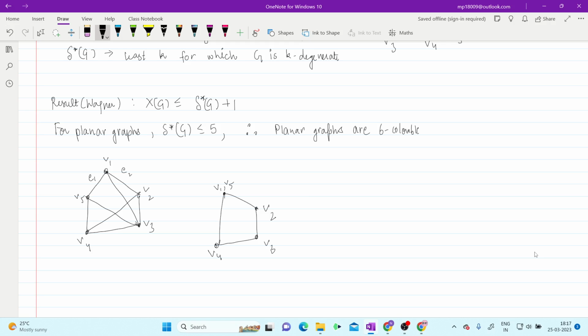There was this edge v1 v3, and also v4 v2. So by edge contractibility we mean this.